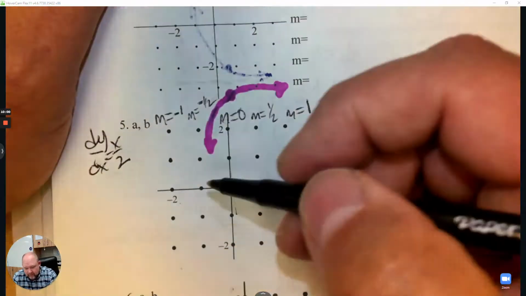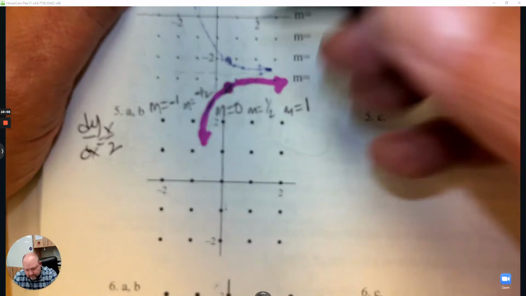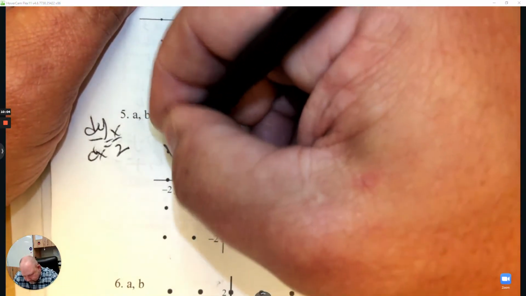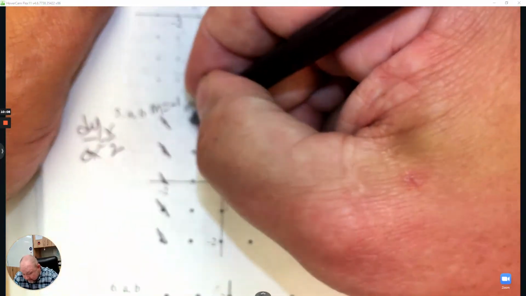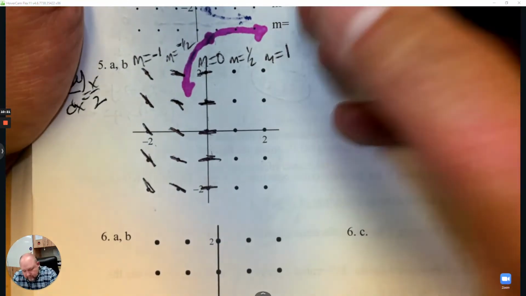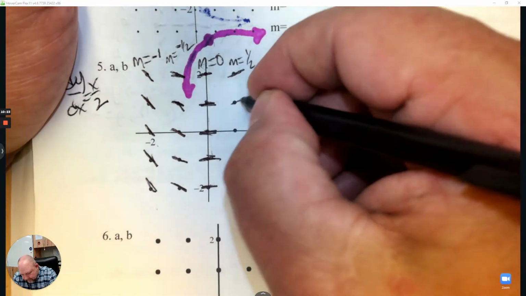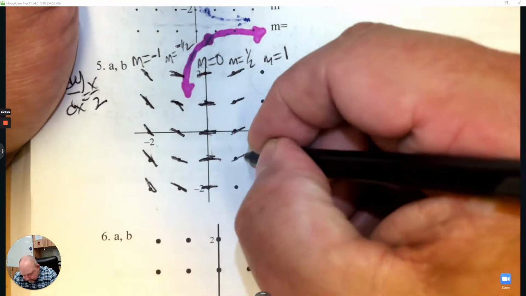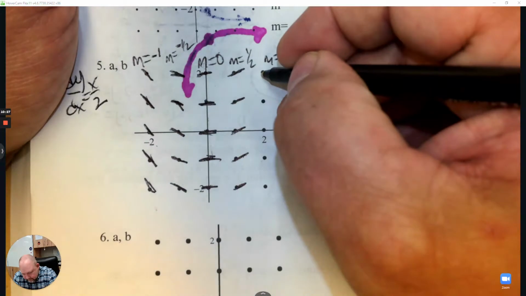So each one, so negative 1, negative a half, zero, positive a half, and then positive 1.